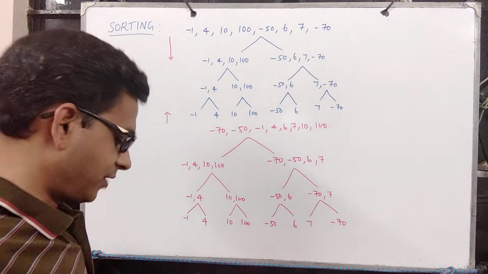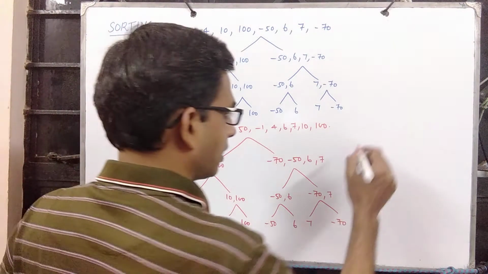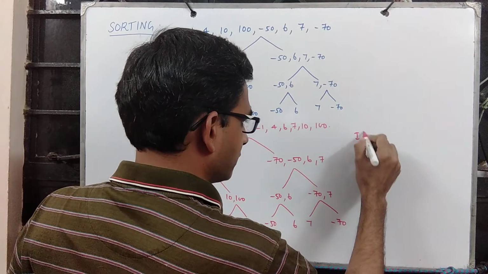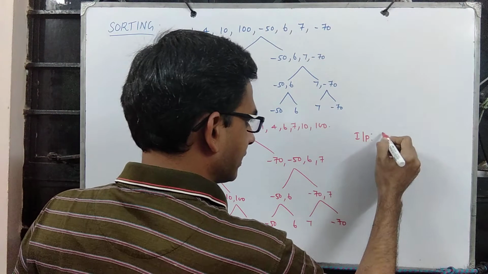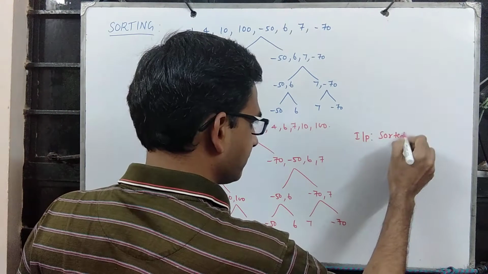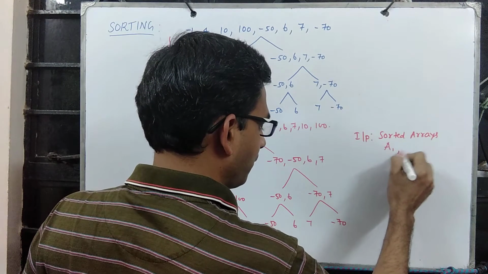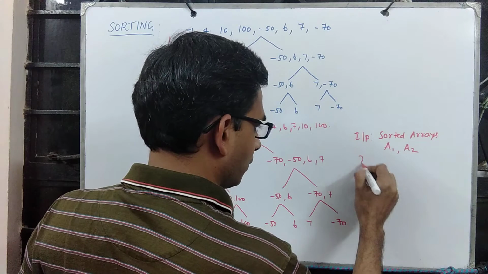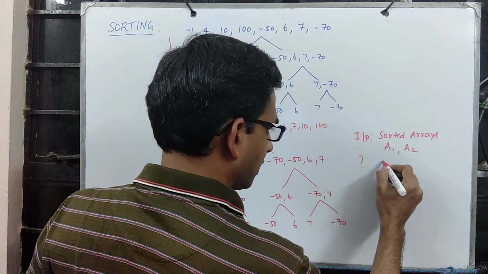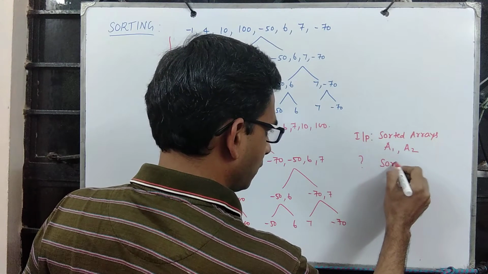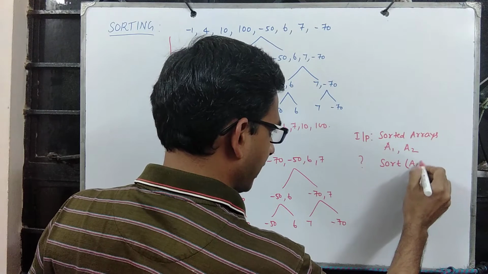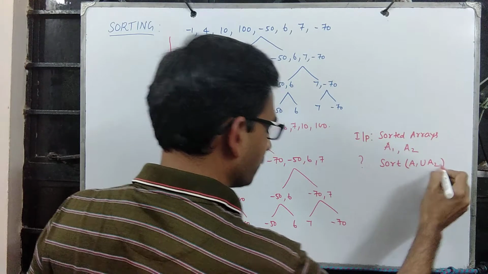Now, a couple of questions. Input is say sorted arrays A1 and A2. Now the question: we want to sort A1 union A2.